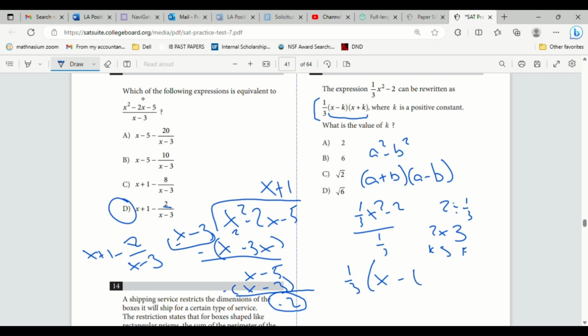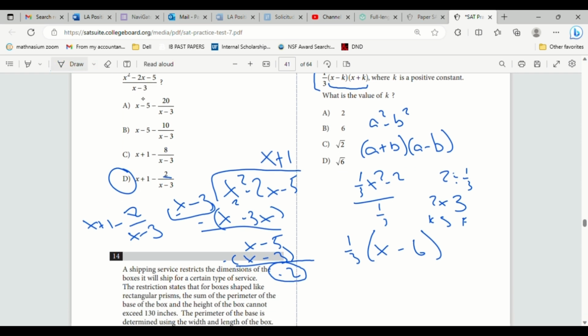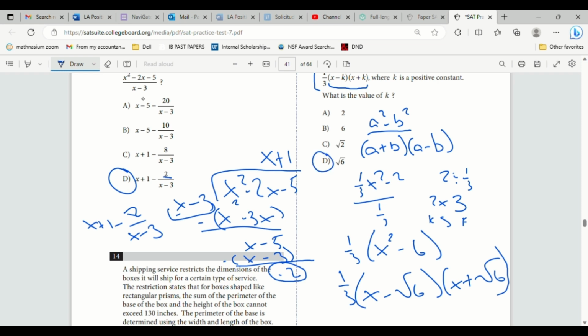So 1/3 times x minus 6, and then as with a squared minus b squared, with our difference of squares, that's 1/3 times x minus radical 6 times x plus radical 6, because it's the square root of both of those terms, x squared and 6. So k is d.